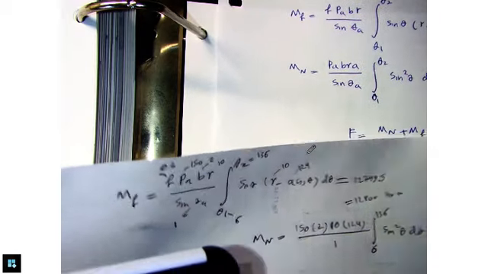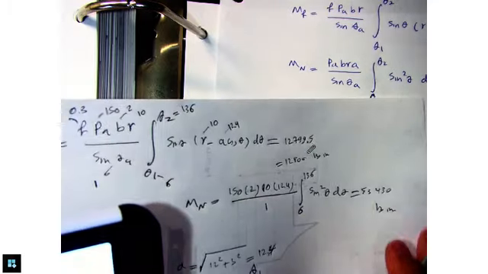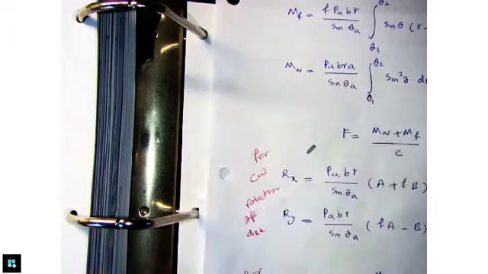All right, so I'm getting 53,000. I want to add additional parentheses here to make sure. Yes, so what I'm getting is 53,429.9, so let's call it 53,430, again pound inch. 53,430 pound inch.